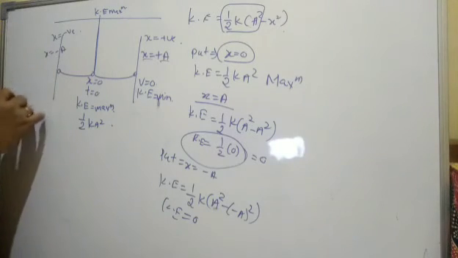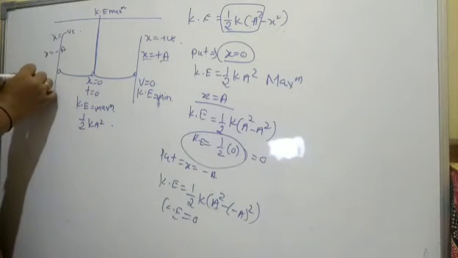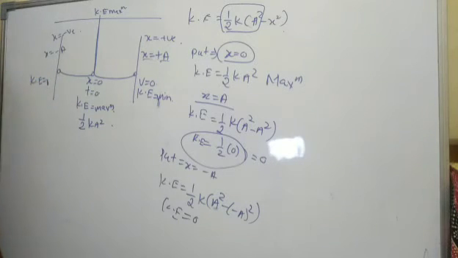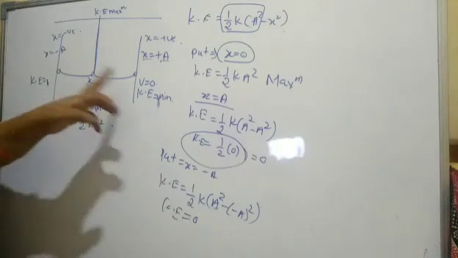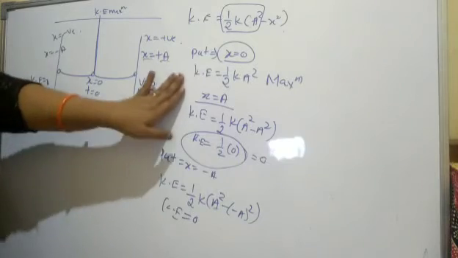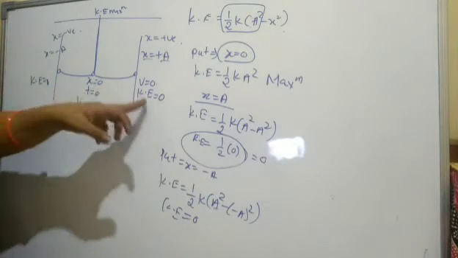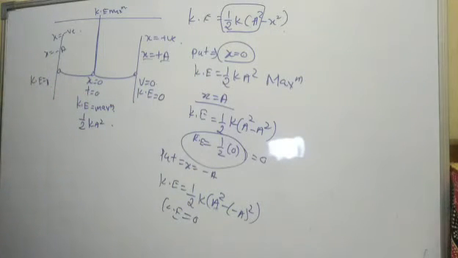That means at the extreme position of a particle executing simple harmonic motion, kinetic energy will be 0, or sometimes we take it as a minimum, where velocity is going to be 0. Now similarly, let us go ahead with the potential energy.